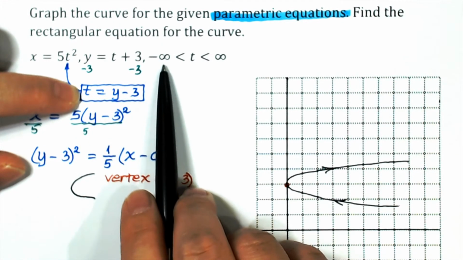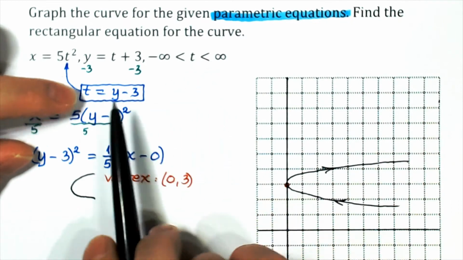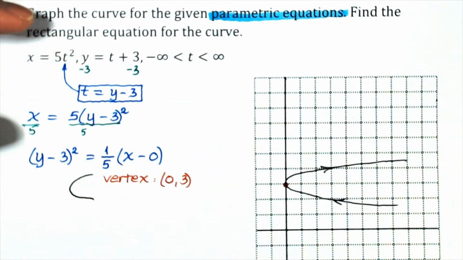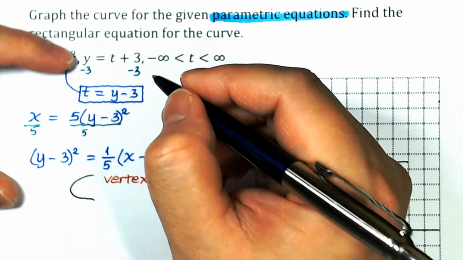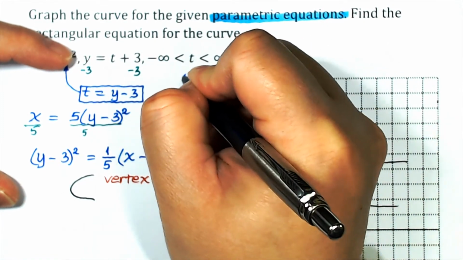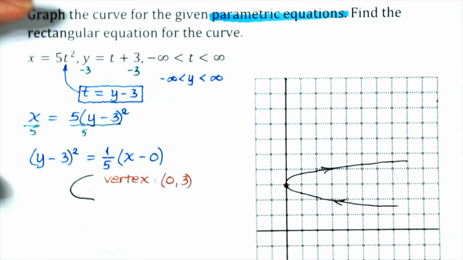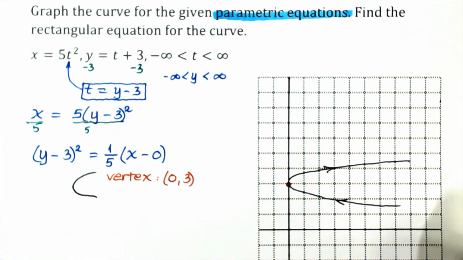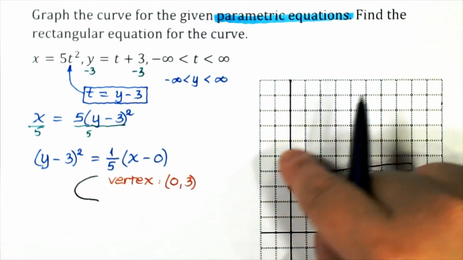Since t goes from negative infinity to infinity, y also goes from negative infinity to infinity. So we can also say y goes from negative infinity to infinity as well. So from negative infinity to infinity, and it goes like that.